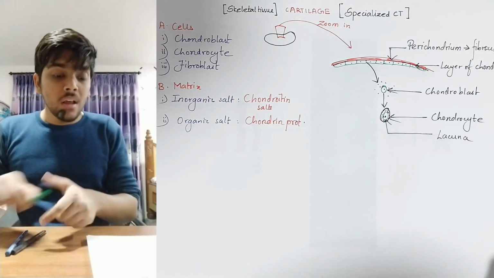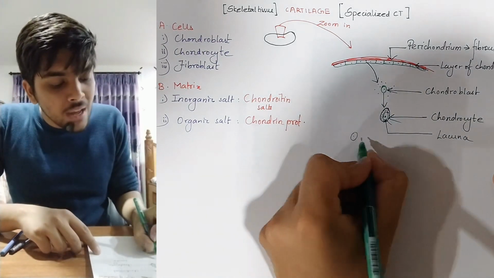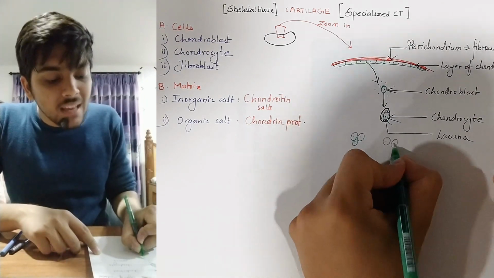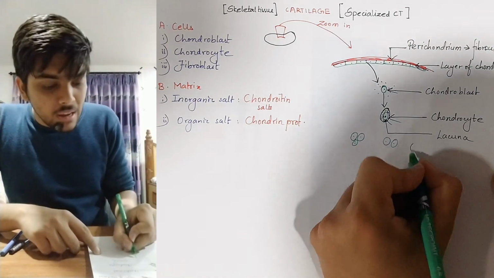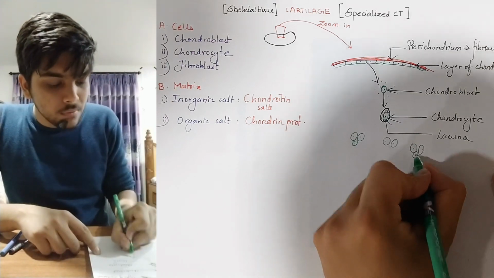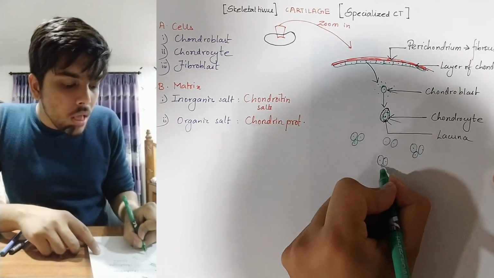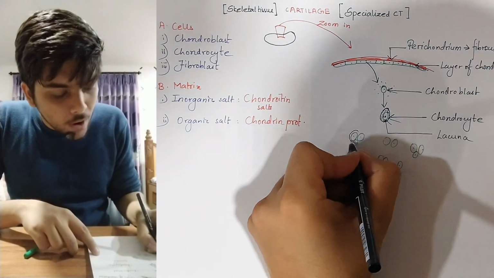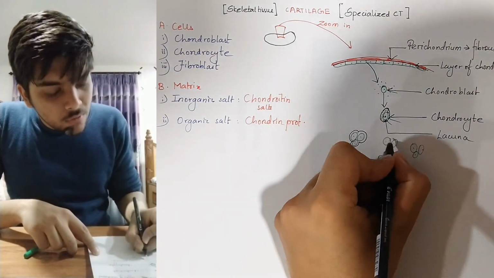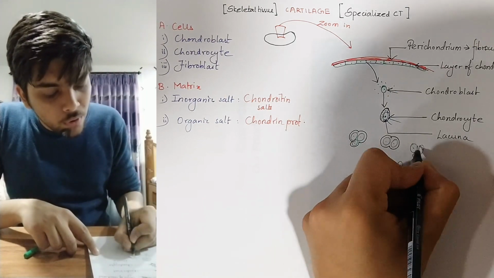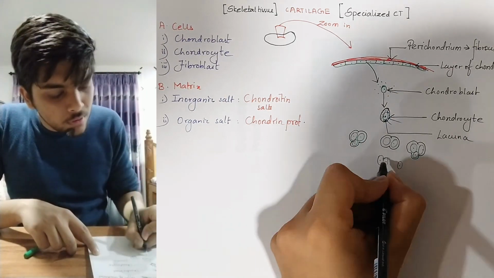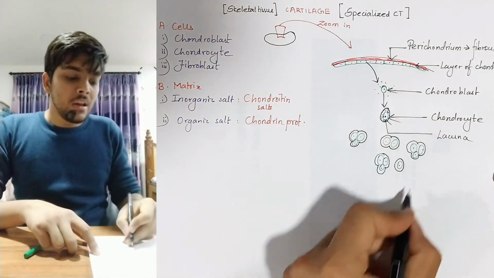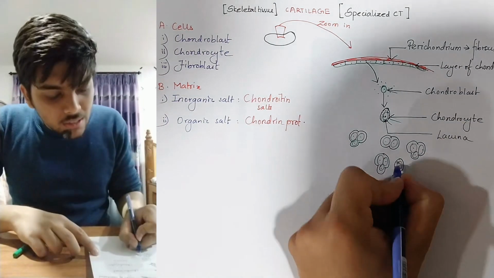In case of bone, the osteocytes were found singly in one single lacuna. However, in case of cartilage, multiple chondrocytes can be found in one single lacuna. So there's your fluid-filled lacuna. In this lacuna, there's a single cell.